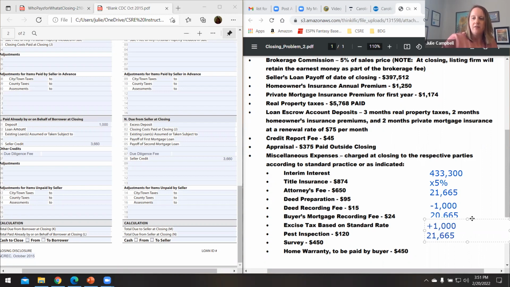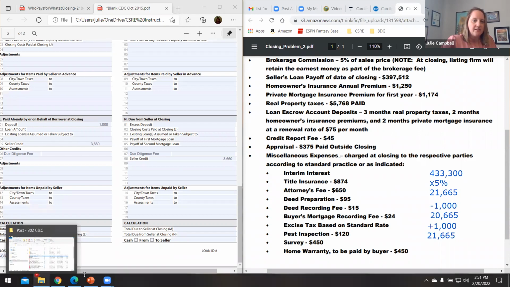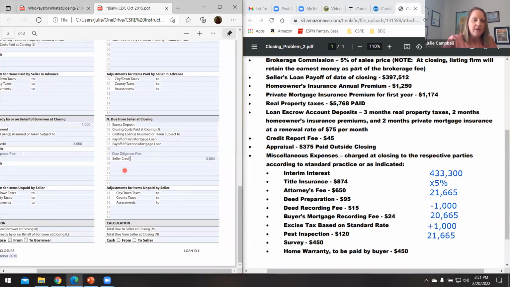Everybody's happy there. The seller still owes 5% commission. So in addition to cutting the firm a check for $20,665, do you guys see here under N, as in Nancy, N1, it says excess deposit? That extra $1,000 that the seller has agreed to pay in commission will go there.